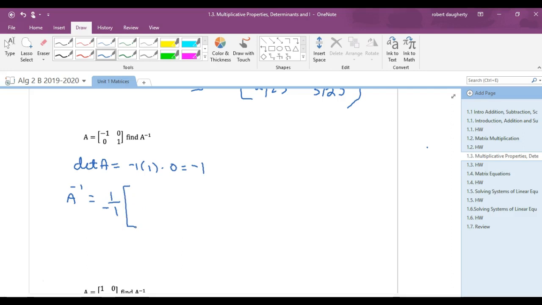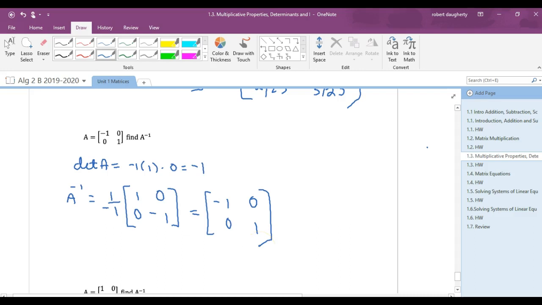What switches places? Yeah, so the 1 and the negative 1 switch places. I put negatives in front of the 0, but do I really need to do that? No, that doesn't really change anything. So I've got a negative 1 times all of this. What's the final answer? Okay, it's going to be what? Negative 1, 0, 0, 1.